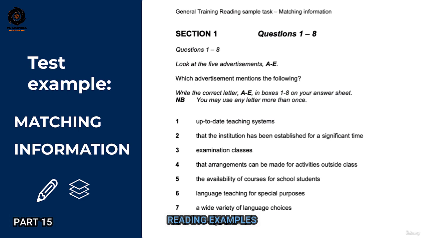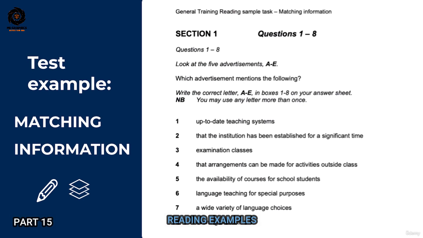So even before reading any text, we are going to look at the 1 to 8 questions. Up-to-date teaching system, that the institution has been established for a significant time, examination classes, that arrangement can be made for activities outside class, the availability of courses for school students, language teaching for special purposes, a wide variety of language choices, even in classes.